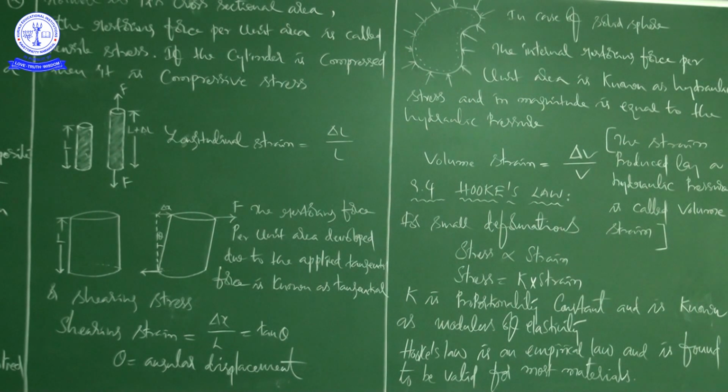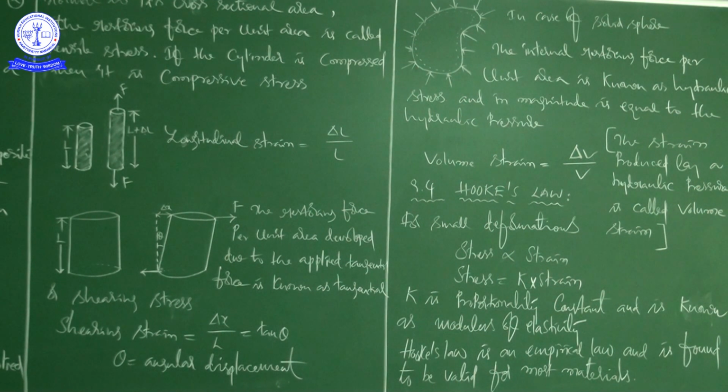When you remove the proportionality symbol, some constant will come. So stress is equal to K into strain. K is the proportionality constant and is known as the modulus of elasticity. In our upcoming classes we will discuss what modulus of elasticity is and its types, but till then just remember K is called the modulus of elasticity.